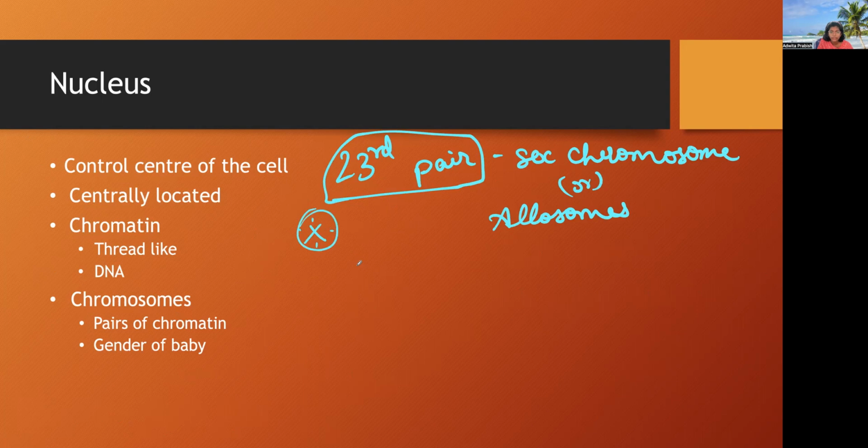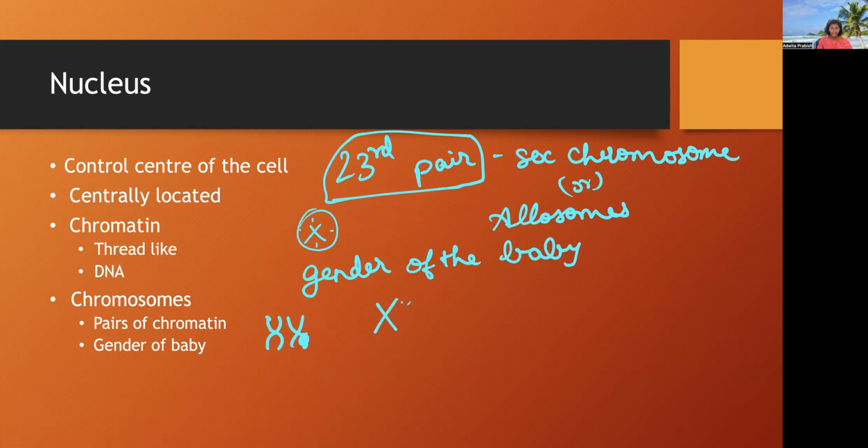It is so important because it determines the gender of the baby. So 22 pairs of chromosomes all will be same, but the 23rd pair will have an X chromosome and a Y chromosome.